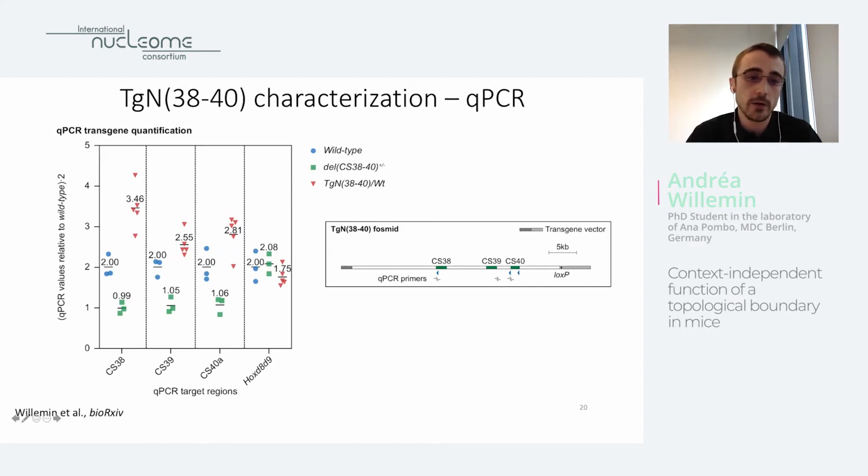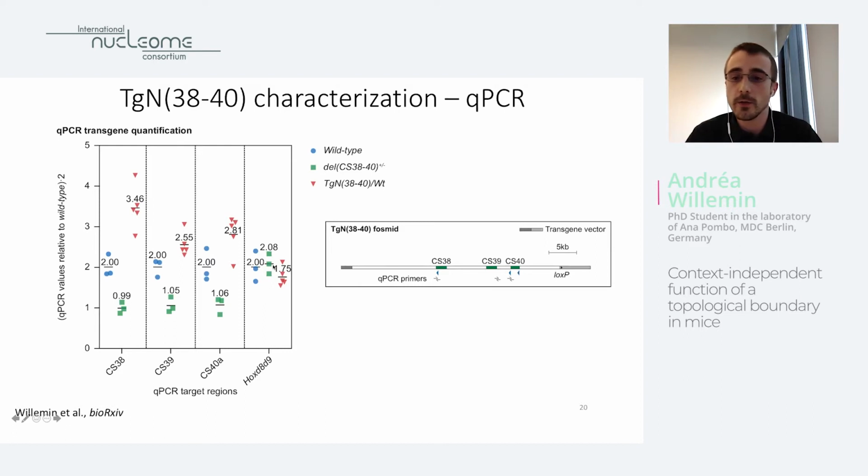Now, the value along the y-axis represents absolute allele counts. So first, and as expected, no particular changes between genotypes were observed for a control region located within the HoxD cluster, HoxD8D9, and also the heterozygous deleted samples validated the quantification approach.